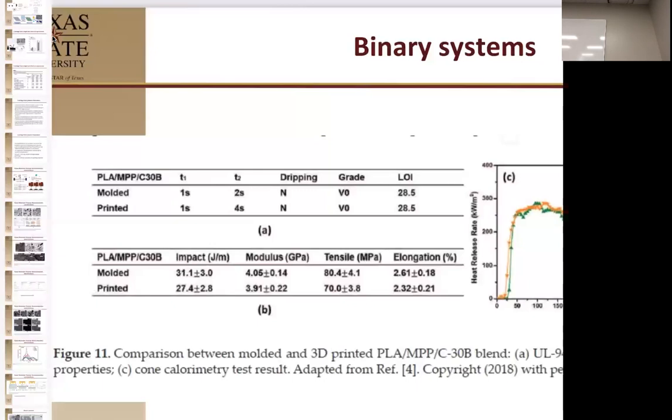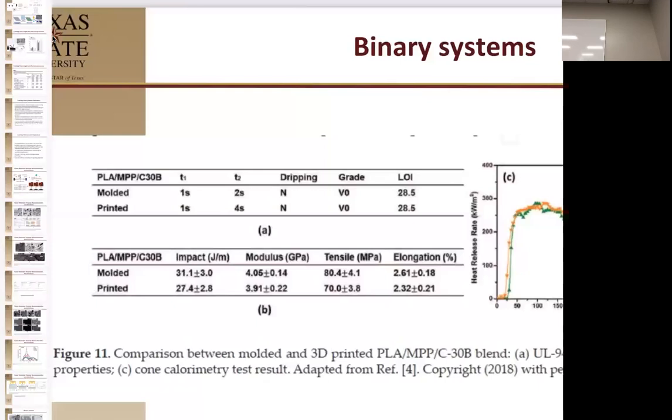And so what they did was they looked at their molded versus printed samples, and this is a UL 94 test, and then this is limiting oxygen index. Molded and printed both extinguished in the first second, but printed extinguished in 4 seconds, while molded is 2 seconds.